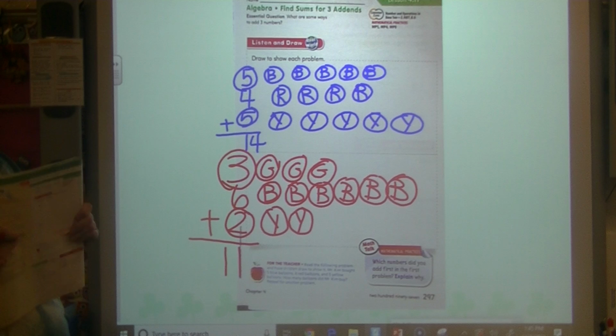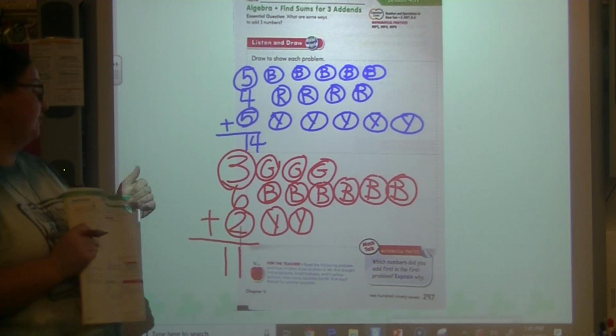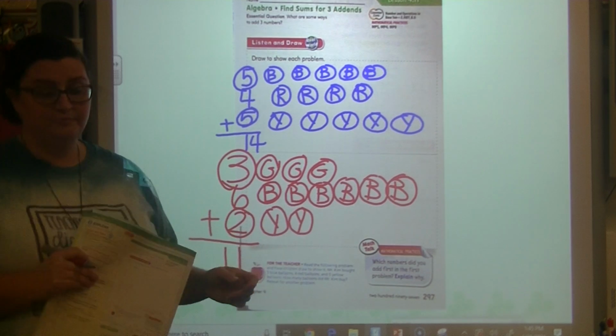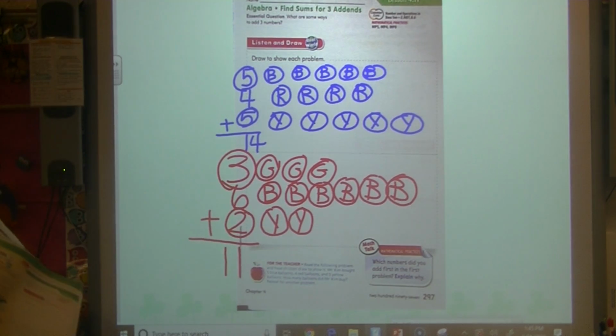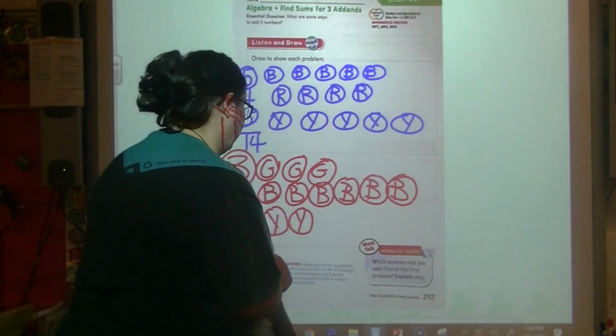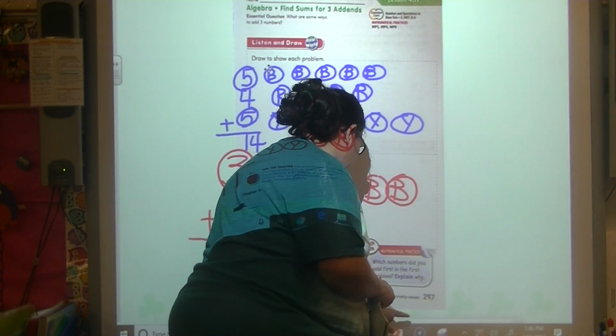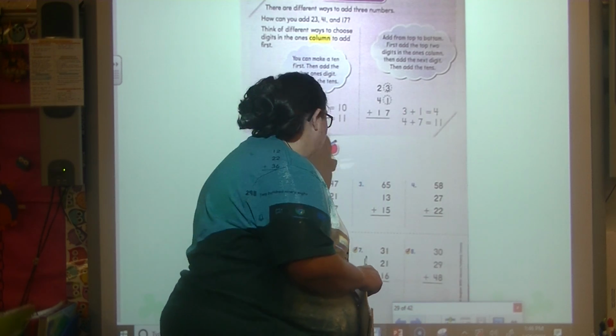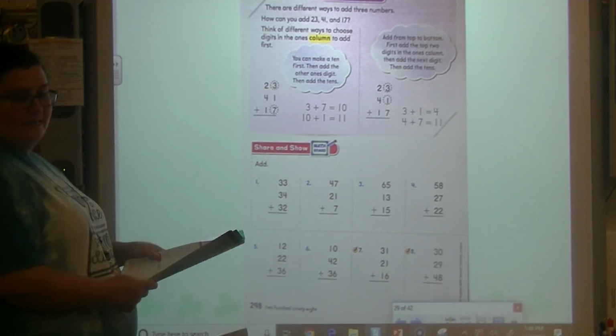All right, when you're ready, turn the page over. You should be on page 298. Oh, I took a piece out. All right.